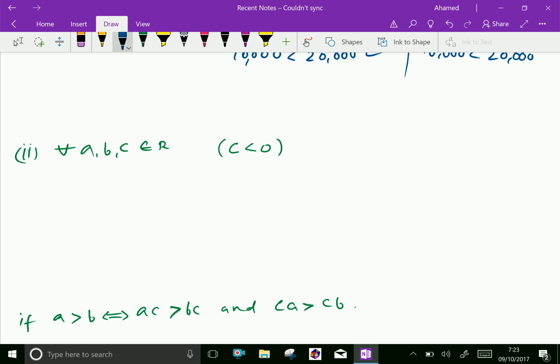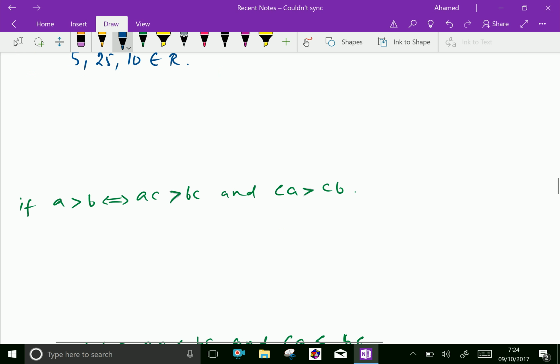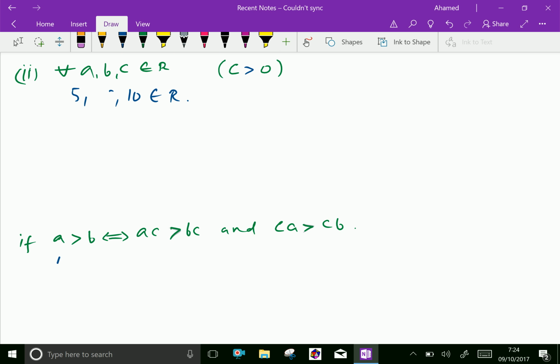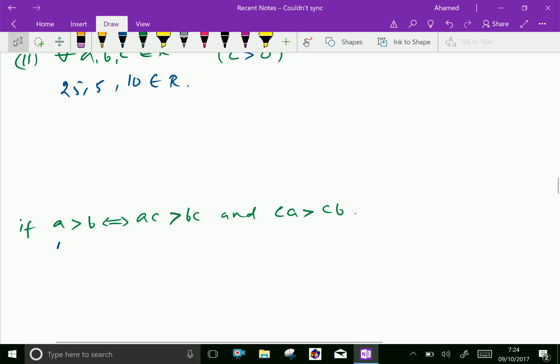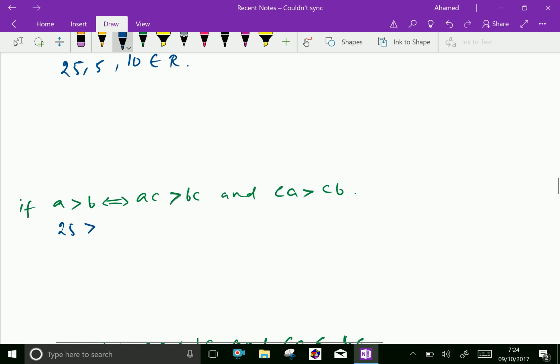Second one, if A, B, C are elements of R and C is greater than 0, then we can say, take A is 25, B is 5, and C we can take as 10, an element of R. Here A is greater than B, 25 is greater than 5.